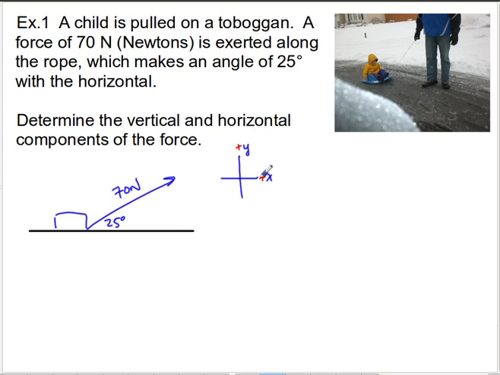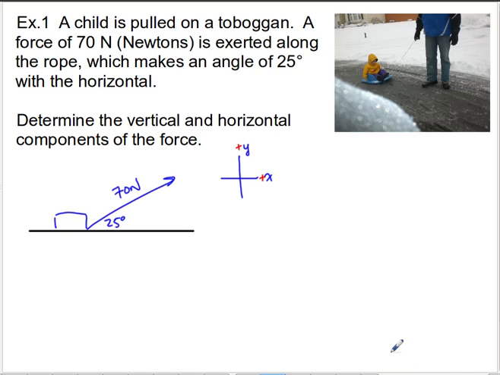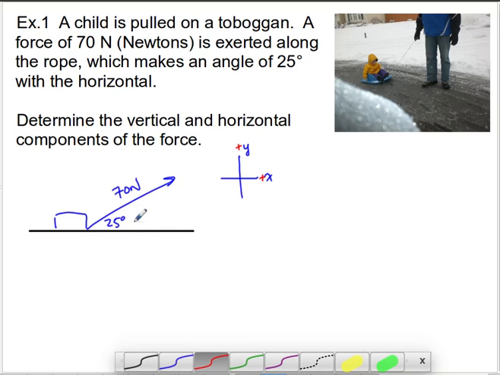If you're not doing a diagram, then I would recommend you include some sort of statement in your work where you say the positive x direction is to the right, or to the left, or up the ramp, or down the ramp, or something along those lines. So now that we've done this, we know that to the right is the positive x direction.